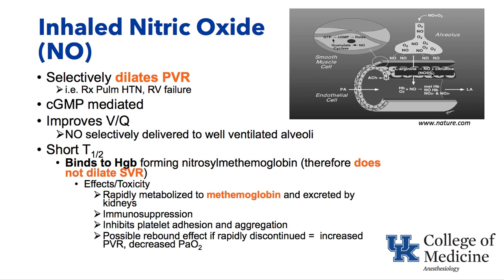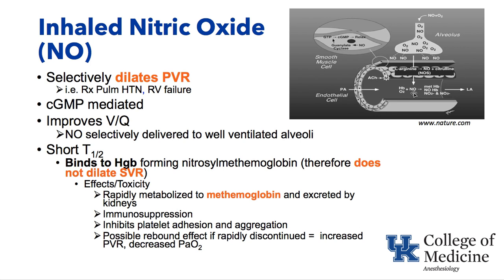Now, why doesn't it vasodilate the systemic vasculature, but it does the pulmonary vasculature? Simplistically, the nitric oxide binds to hemoglobin and forms nitrosomethemoglobin.